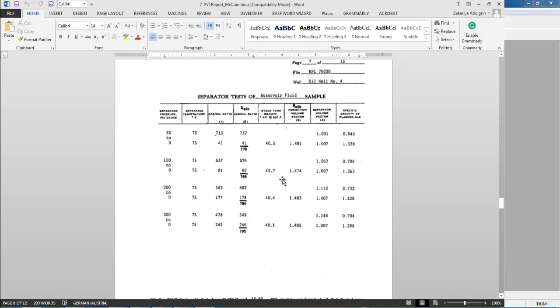But here, we go from the separator stage, from the specified condition. So that's why we have this for this condition and this for this condition. But here we have only one because we go from bubble point to atmospheric pressure. So which one do we want to match in the separator test? Is it this one or those two? Yeah, the second one.